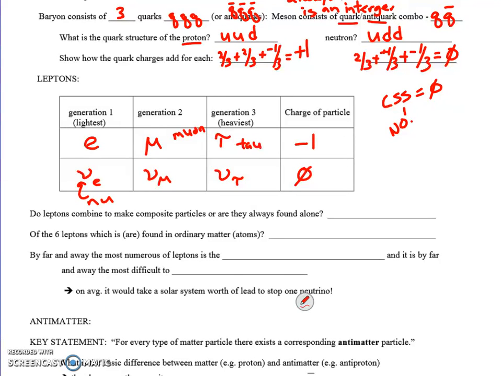A very important distinction between leptons and quarks is this question: do leptons combine to make composite particles, or are they always found alone? And the answer is this. Electrons never, ever combine together.